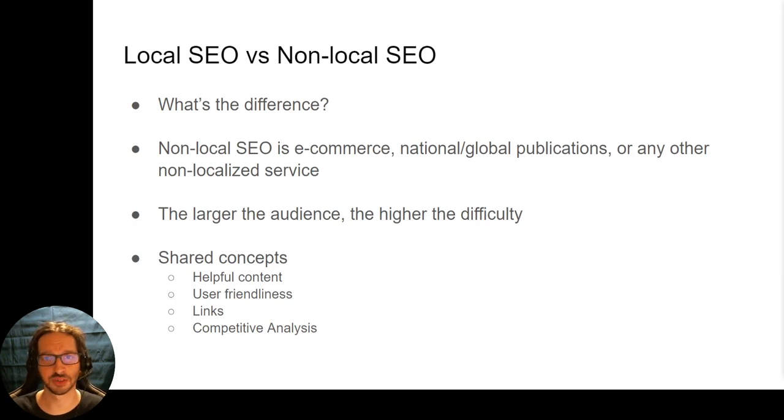It's an ideal strategy for businesses that operate on a national level and want to reach larger audiences. And those businesses could include e-commerce businesses, online publications, or really any company looking to appeal to consumers across a large geographic area, regardless of location. But remember, the larger the audience, the higher the difficulty is to rank on Google.